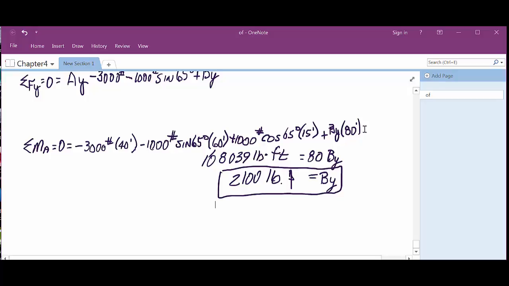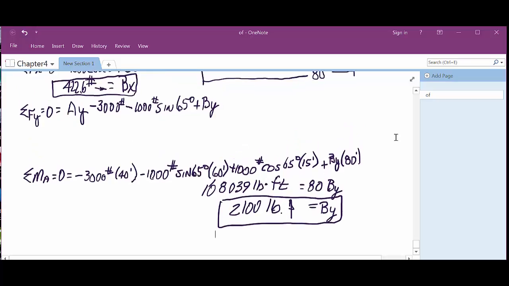Now we know what BY is, we can figure out what AY is. Now remember, we switch these to the other side of the equation. So this 3,000 becomes positive, this 1,000 becomes positive, and that goes negative. So these two added together minus that, and it's 168,039. And then we divide that out. Okay? So we can put BY up here. We just say 2,100 pounds. AY stays where it's at. Everything else goes to the other side of the equation.